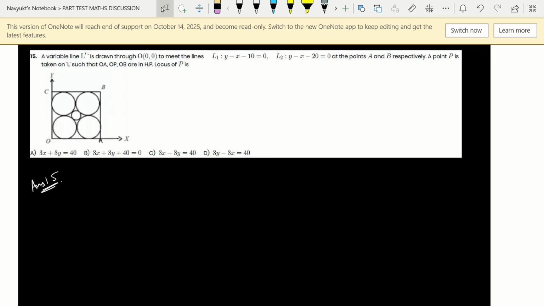Fine, let's see. A variable line L is drawn from origin. Now a variable line is drawn from origin, right? How would it be looking? It would be some y equals to mx only, right? And L1 line is given as y minus x minus 10. L2 line is given as y minus x minus 20.